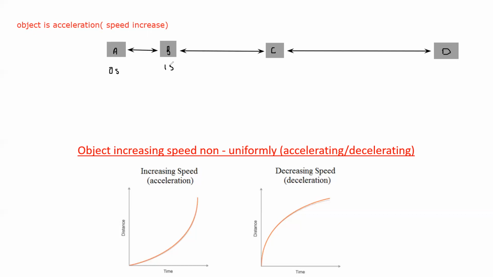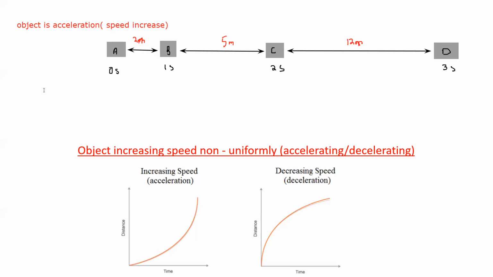At position B it is 1 second, position C it is 2 seconds, and position D it is 3 seconds. The distance traveled from A to B is 2 meters. From B to C, for example, it is 5 meters, and C to D it is 12 meters.